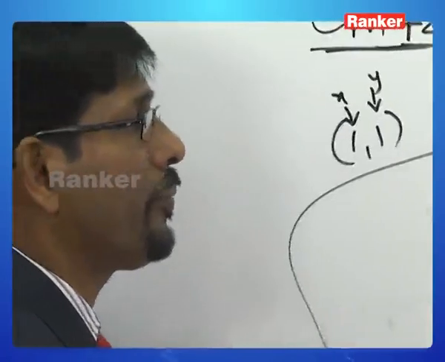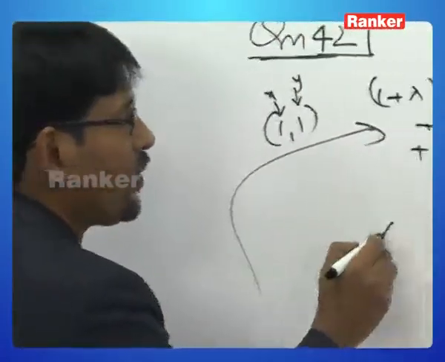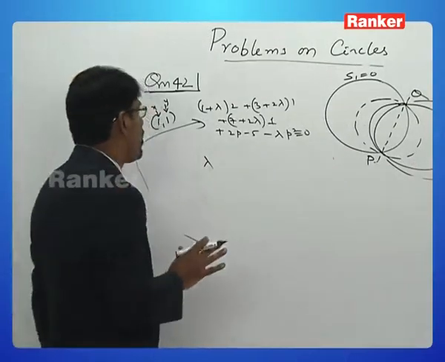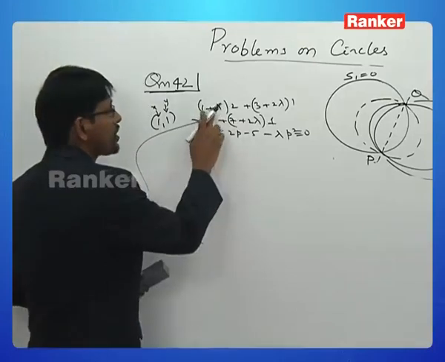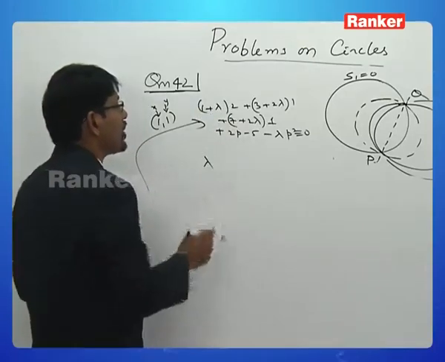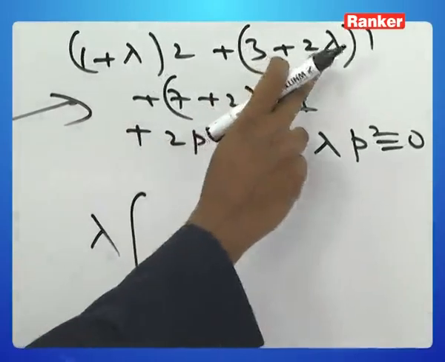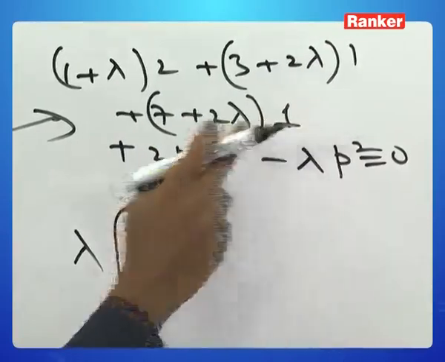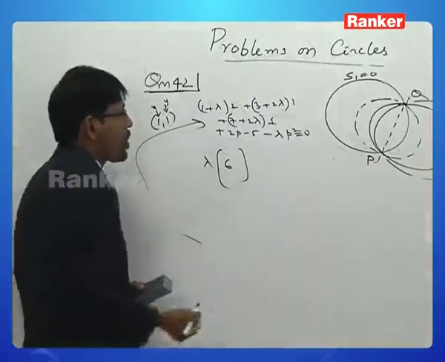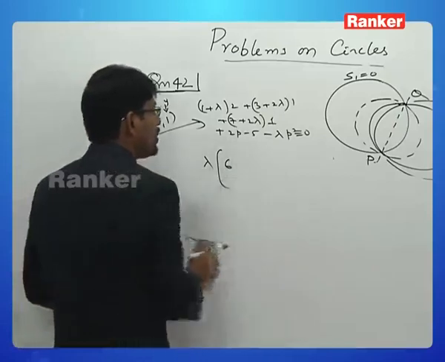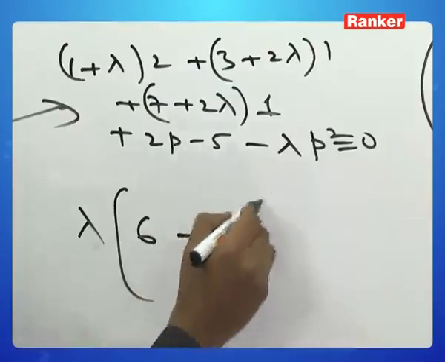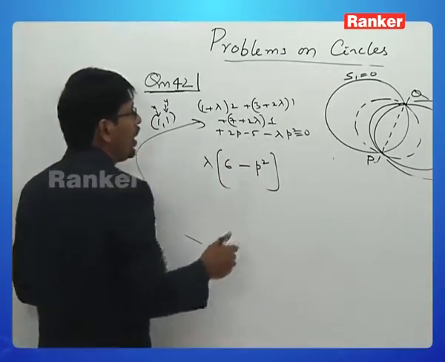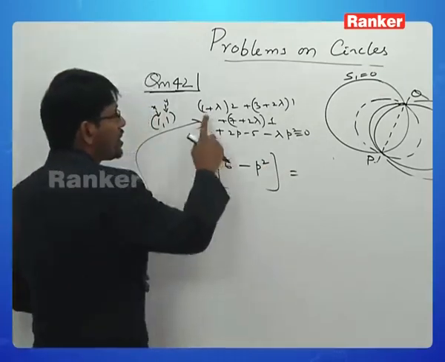Now, let us find the value of lambda. For what values of p can lambda be found? Let us first club the lambda terms. We have 2 lambda plus 2 lambda, that is 4 lambda, and another 2 lambda here. So lambda into 6 minus p square, and that is equal to the rest of the terms.